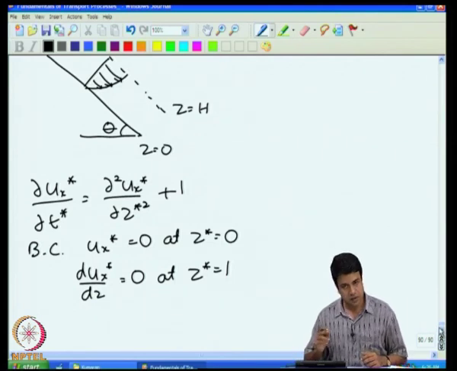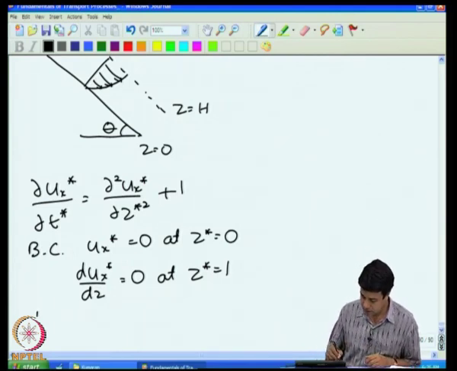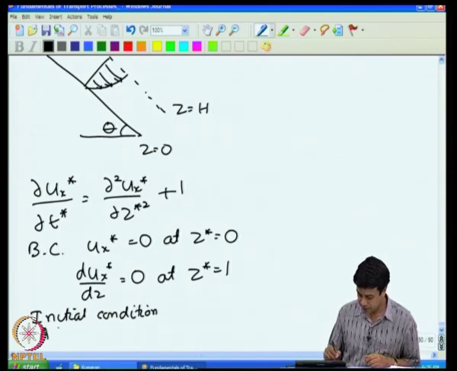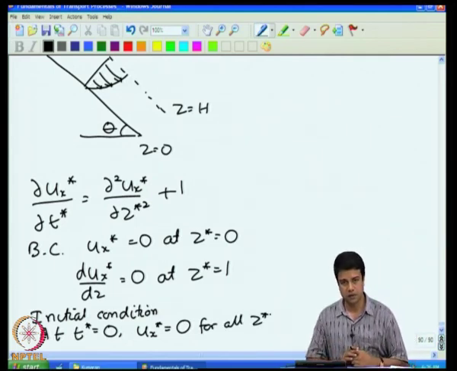Similar to the problem that we had solved for the instantaneous startup of a plate using separation of variables. So, this is also an initial condition, which is that at t is equal to 0, ux star is equal to 0 for all z star. At time t is equal to 0, the velocity is 0 everywhere.